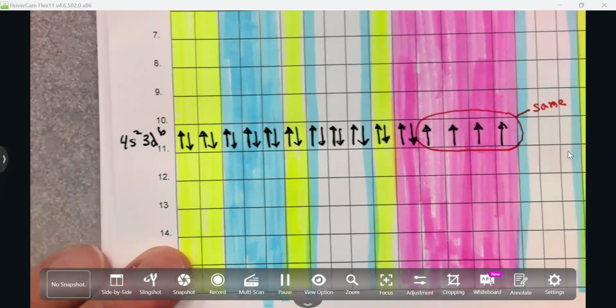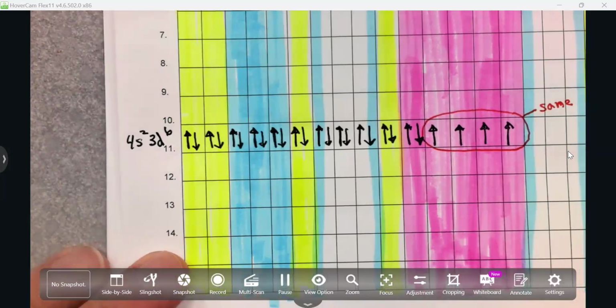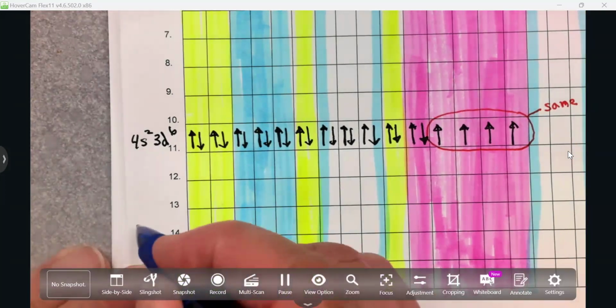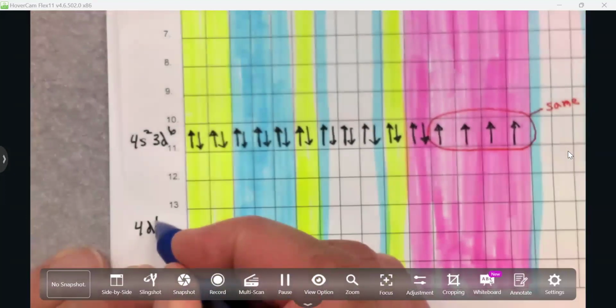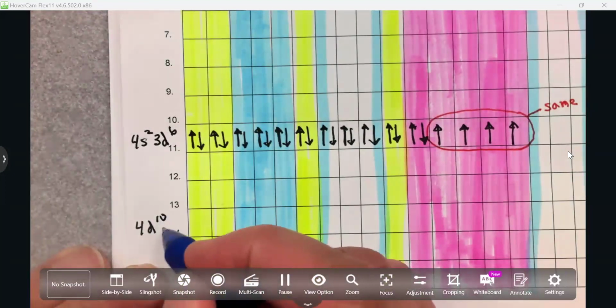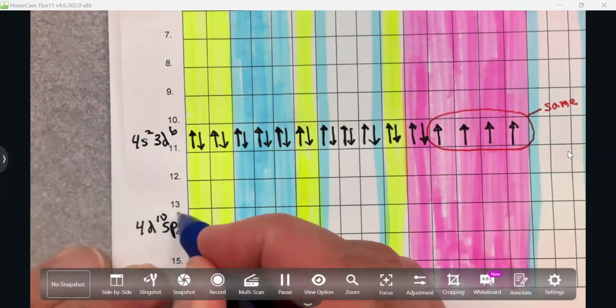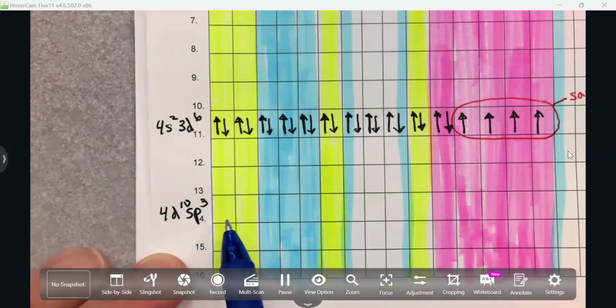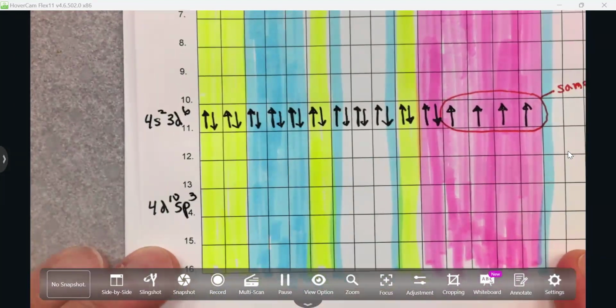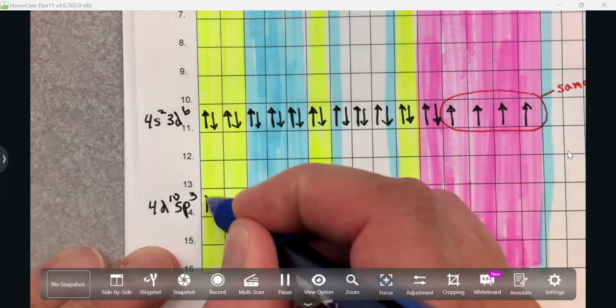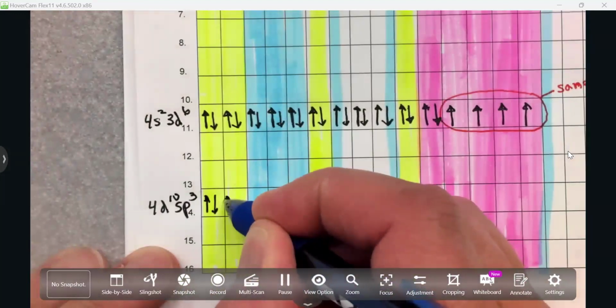5p6. If we did number 14, it's 4d10. 5p3. It ends in number 14. So I'm going to put them in.